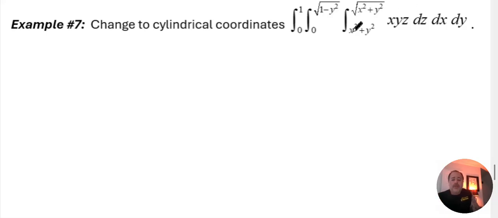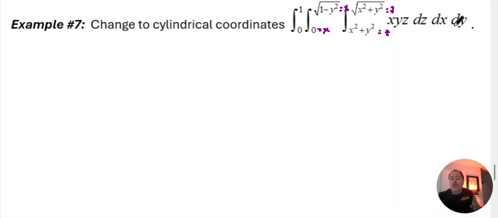And so the very first thing that I think is important, and a good strategy for me, is that since z is our interior, these two equations that we have here are actually going to be equal to z. Likewise, the middle integral is with respect to dx, so these two equations right here are going to be equal to x.